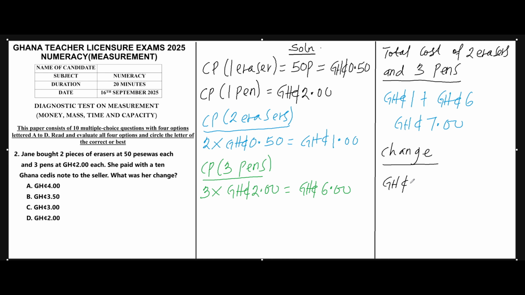She paid with 10 Ghana cedis, and all the items cost her 7 Ghana cedis. Change goes with difference, that is subtraction. So 10 Ghana cedis minus 7 Ghana cedis, we have 3 Ghana cedis. The right answer is option C.